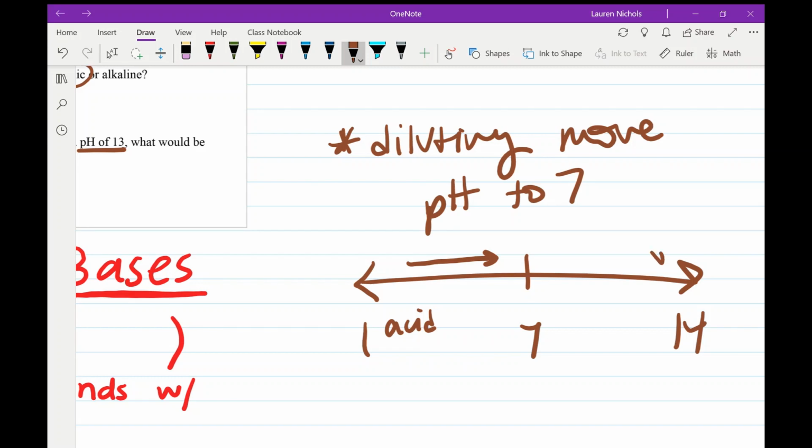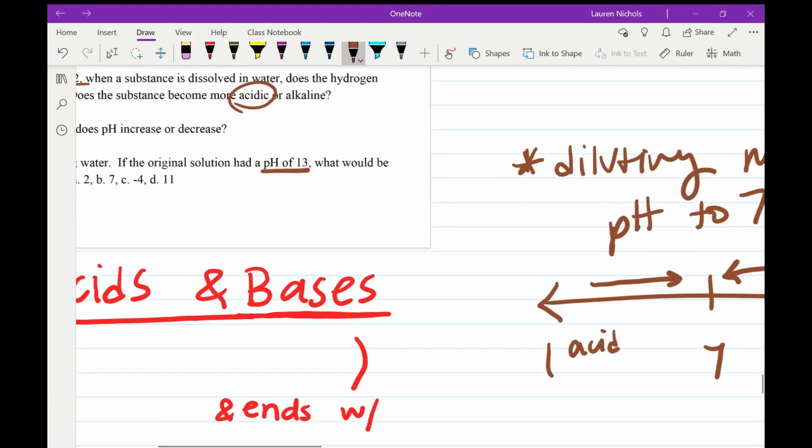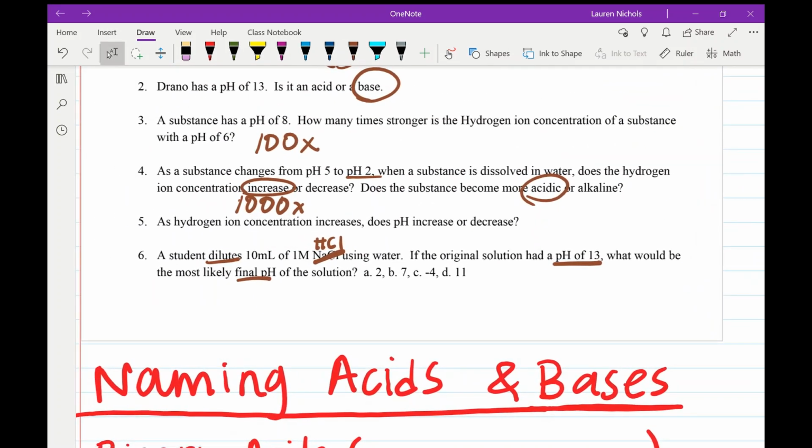If you have a base that's, I don't know, 13 or 14 and you dilute it, it's going to move towards 7. Either way, because water has a pH of 7, so it kind of moves it closer to that. The more water you add, the more it will move towards 7. So in this case, because it has a pH of 13, we know that it's going to move closer to 7, which means it's going to decrease.